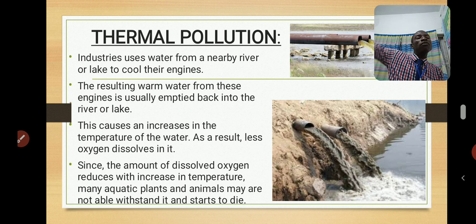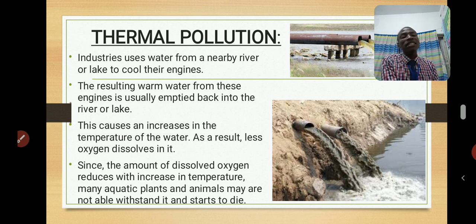Now, when the generator cools down, or the plant or whatever they are using for their business cools down, the water will become hot because it has cooled down their plants. So what this company does is they will now take that water and return it back into that river or into the sea where they've taken it.